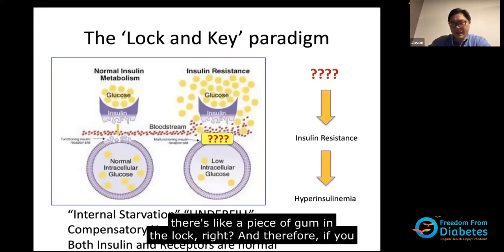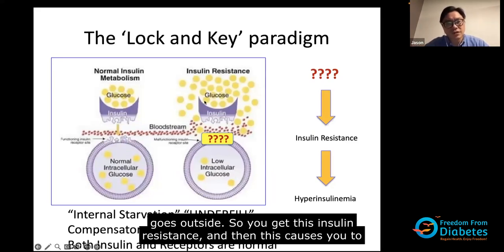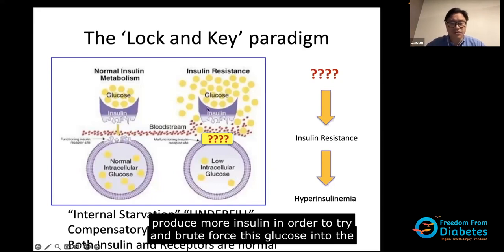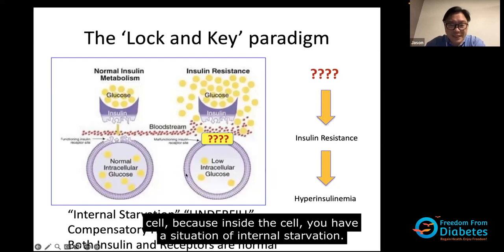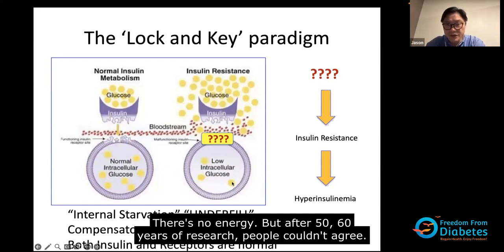And so if you have the key, it still doesn't open the gate, and therefore all this glucose stays outside. Then you get this insulin resistance, and this causes you to produce more insulin to try and brute force this glucose into the cell, because inside the cell, you have a situation of internal starvation. Because the glucose is outside, it can't go inside. Well, you're starving inside. There's no energy.